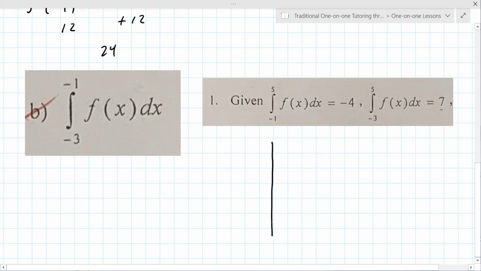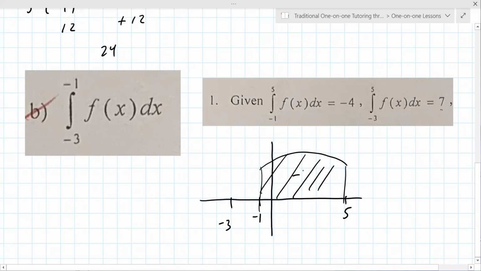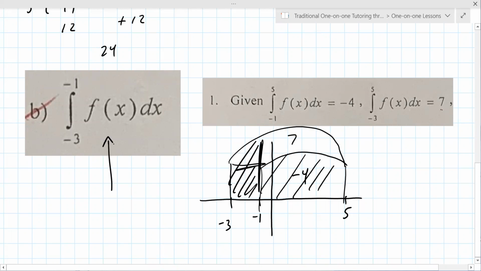It's like saying we don't know what f of x looks like, but we know from -1 to 5, whatever the curve looks like, that the area here is -4, which is on the wrong side of the axis. But we know from -3 to 5, whenever we include this other area, that whatever it may be, it's 7. So if you want just this area between them, which is what this problem is asking for, you have to realize that you're just taking the difference between them.